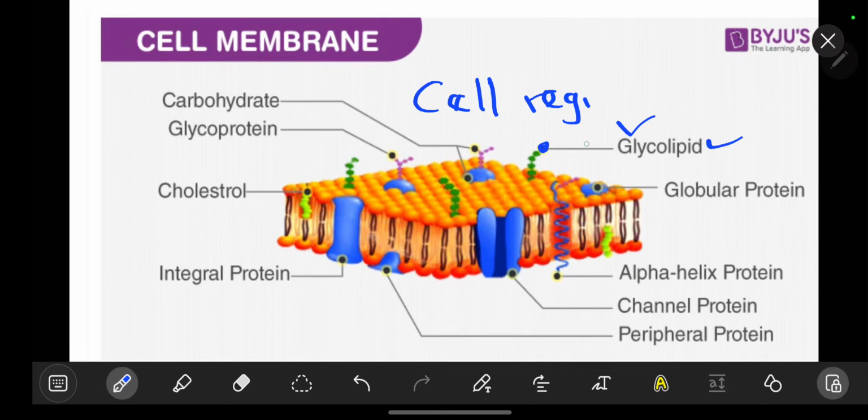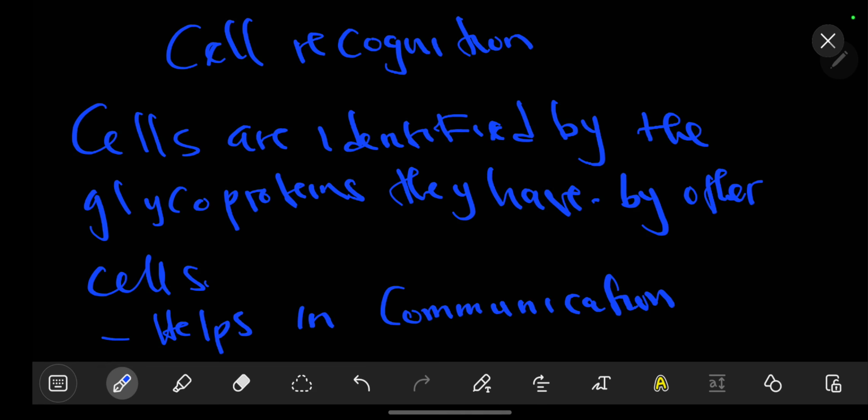The antigen will tell you what type of cell it is. So the glycoproteins and the glycolipids are useful in cell recognition. Not only that, they also help in communication.